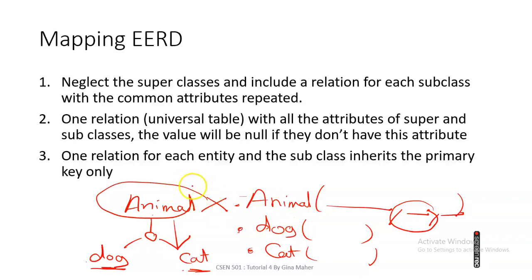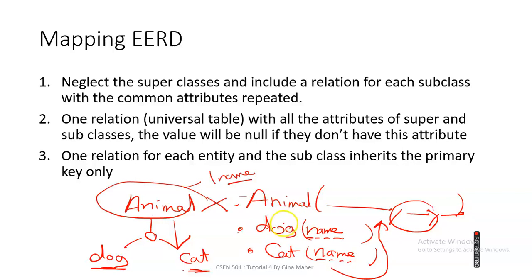For example, if we have here the primary key name, then here we are going to have name, which will be a foreign key, and name, which is a foreign key here that references animal. So we have three options: either to neglect the superclass and make a relation for each subclass only, to make one universal table and put all the attributes in it, or to make one relation for each entity.